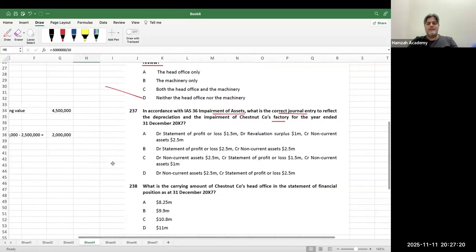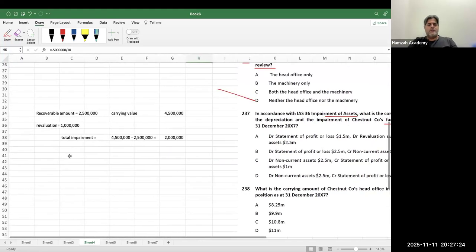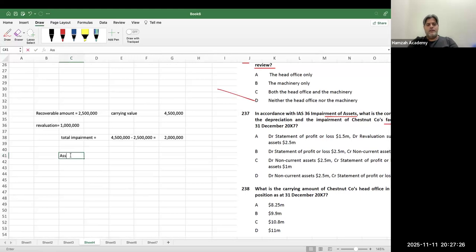The asset is going to go down, right? The asset is going to have a credit of 2 million over here. The debit is going to be the revaluation reserve with 1 million over here.